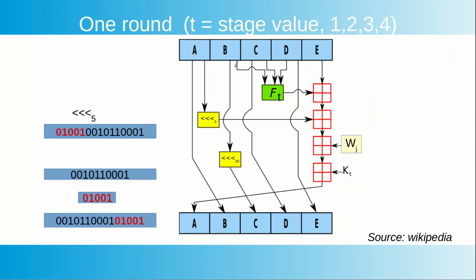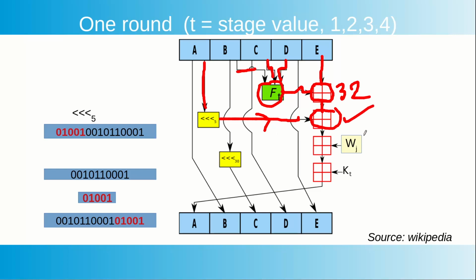So once again, B 32 bit, C 32 bit, D 32 bit will pass to a function that will generate one 32 bit. Some bit rotation of A will generate another 32 bit. So E 32 bit and this function's output we will XOR, and with the word which is coming from the rotation of A we will XOR that output, then with the word, typically W20, we will XOR that output, and the constant we will XOR, and that final XORed output will be placed to A.